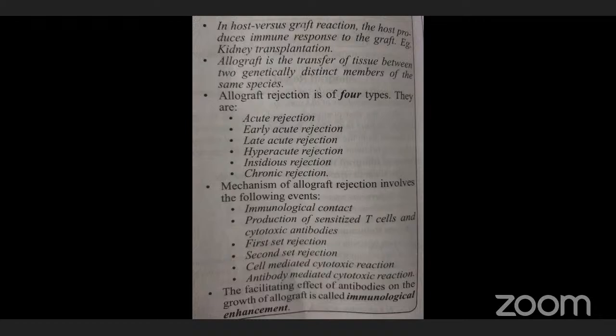Allo or allogenetic. What's the meaning of allo? Allo means other. It is the transfer of tissues between two genetically distinct members of the same species. The species is the same, but the genetics are different. So here the transplantation occurs. It is called an allograft.